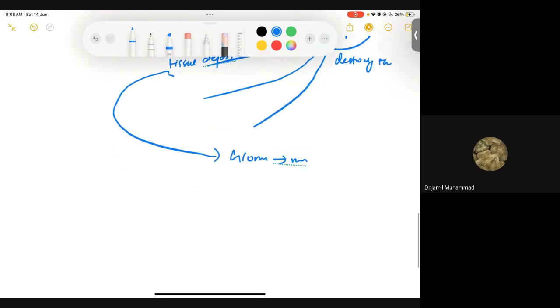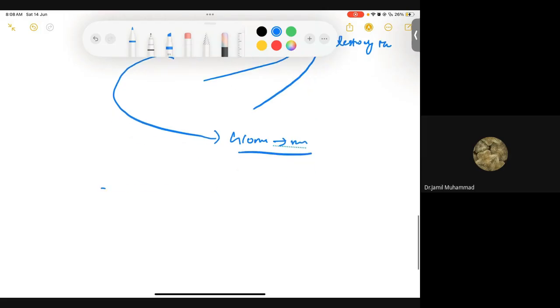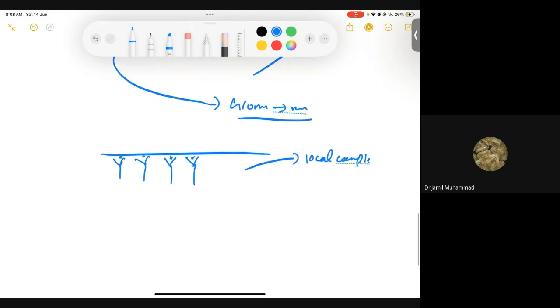So what happens whenever these immune complexes get deposited in the glomeruli or in this filtration barrier? They are going to activate the local complement system, right? As we know, the local complement system is present at the level of tissues.